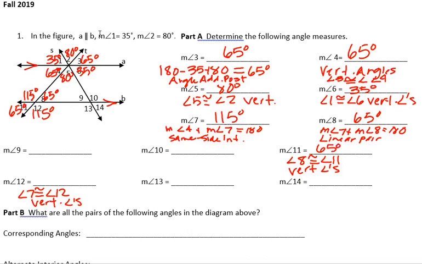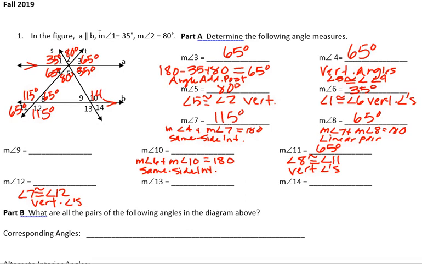And then over here with 10, we're going to go with 10 first because I think that's going to be easier. So again, I see same side interior angles. So the measure of angle 6 plus the measure of angle 10 is equal to 180, again, because they're same side interior angles. So I'm going to subtract 35 from 180, and that's going to give me 145.